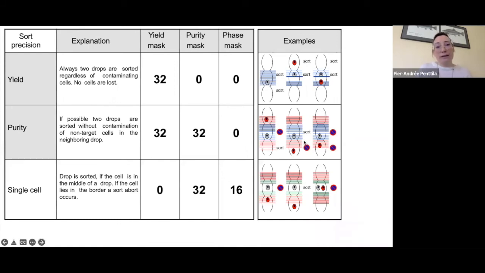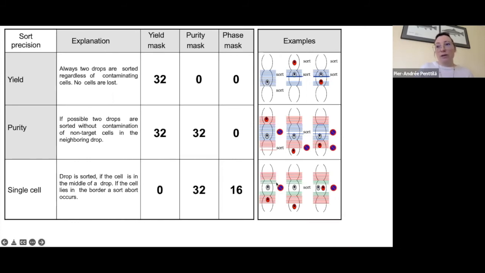And then finally, in the single cell mode, a drop is sorted if the cell is directly in the middle of a drop. And if a cell lies on the border, a sort abort occurs. So this is why it is very stringent and why this is at a huge cost in yield.